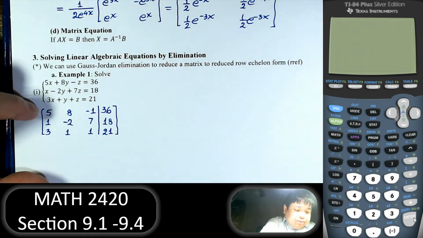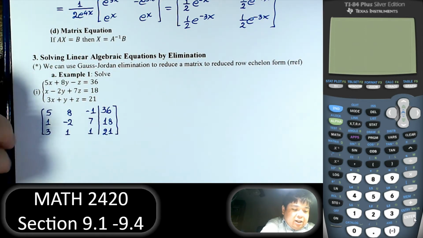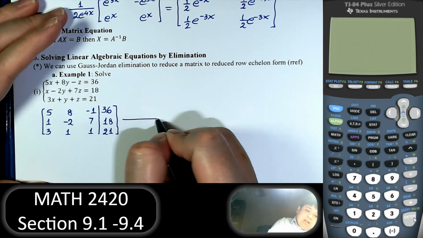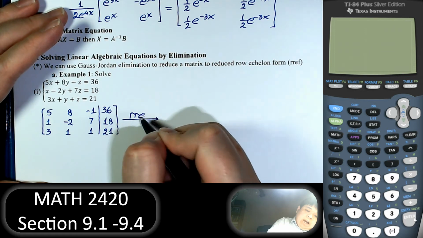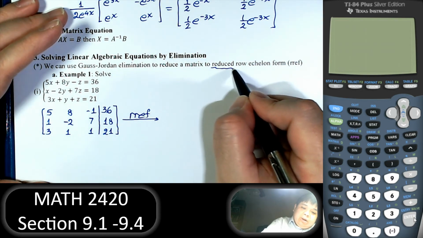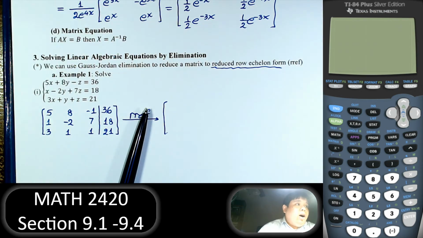So we have 5, 8, negative 1, 36, 1, negative 2, 7, 18, 3, 1, 1, 21. And then after that, we just do reduced row echelon form.